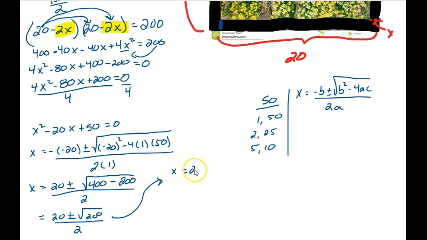And we need the square root of 200, which is 14.1, all over 2.